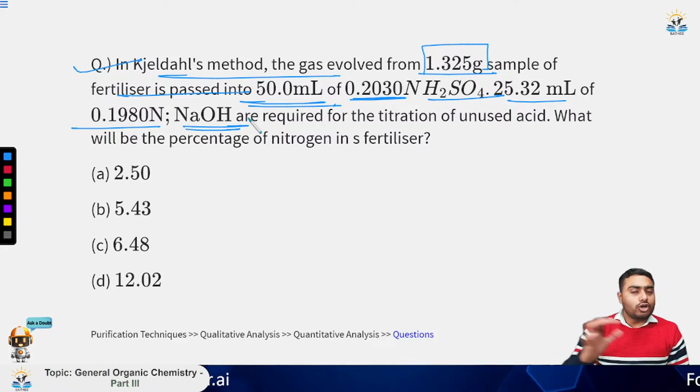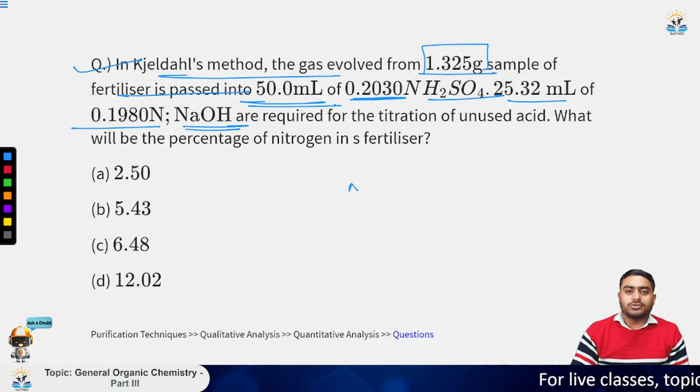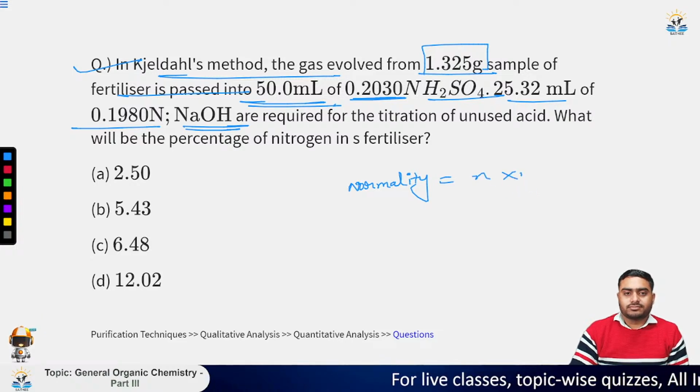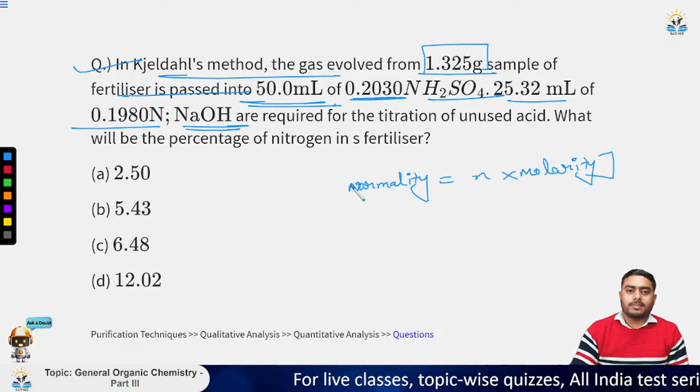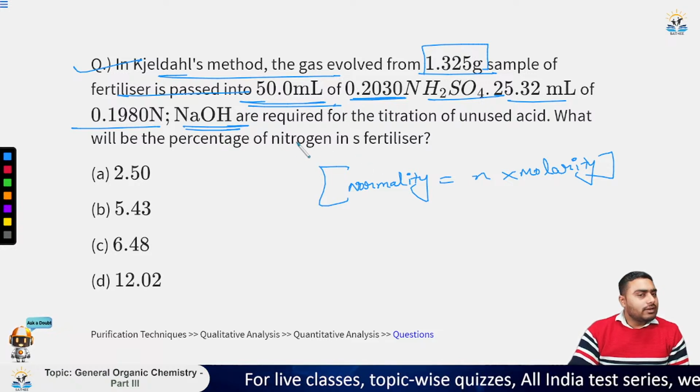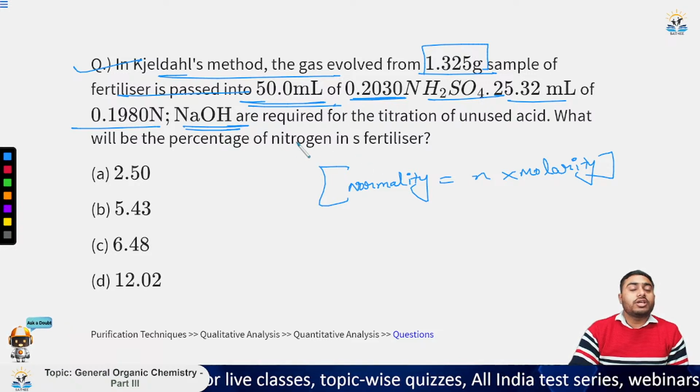Normality is given, and you know very well the relation between molarity and normality: normality is equal to n factor into molarity.